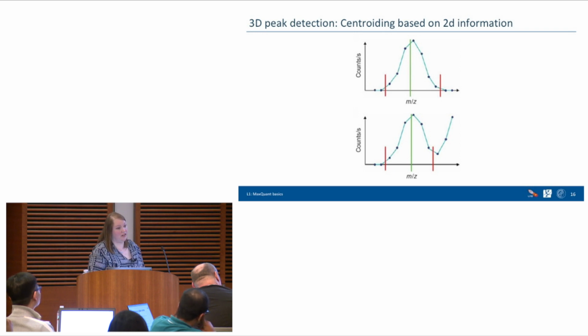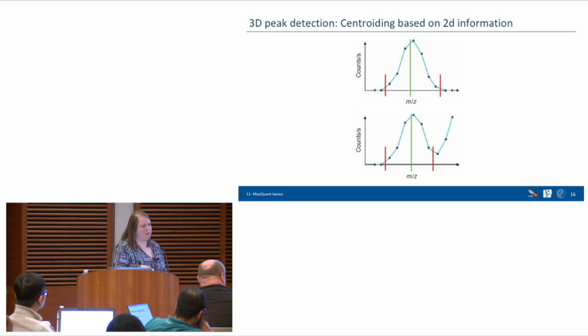Let's see how it's done for Orbitrap data. When you have this 2D peak, you start with the local maximum, and then you look at the left and at the right and see whether it goes to 0 or you find the next local minimum. Either it goes to 0, and then you define your boundaries, or there is a shoulder, and then you set the cutoff before it starts going up again.